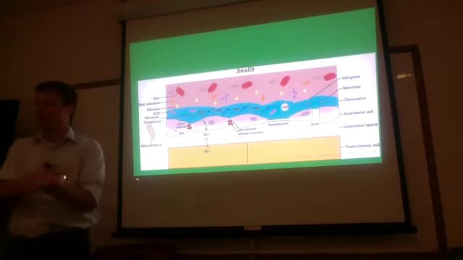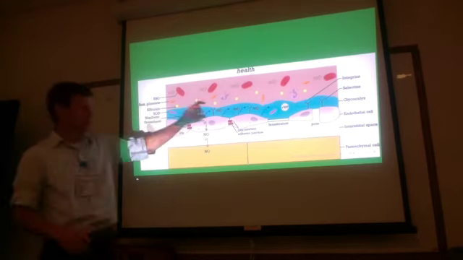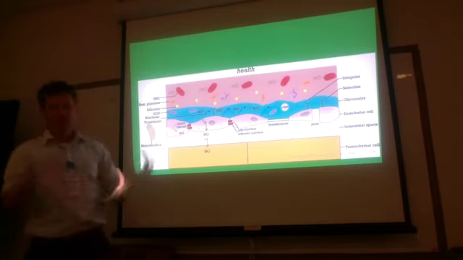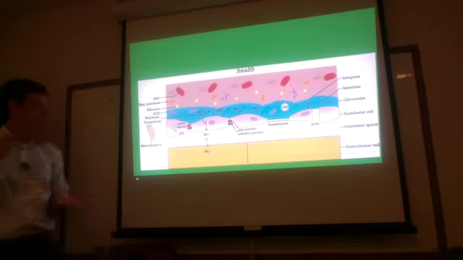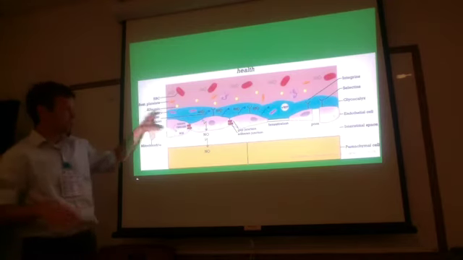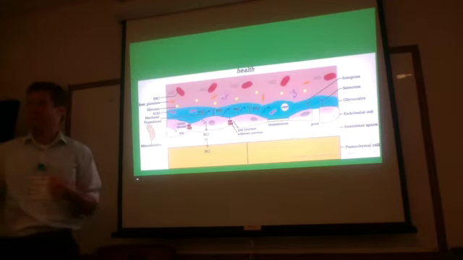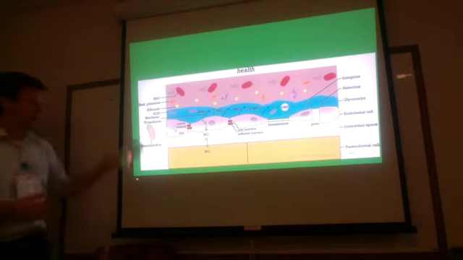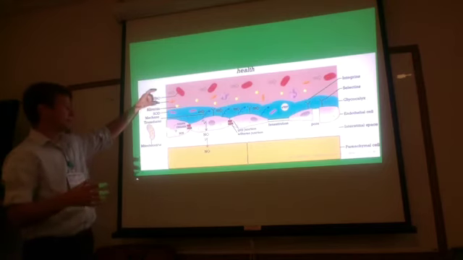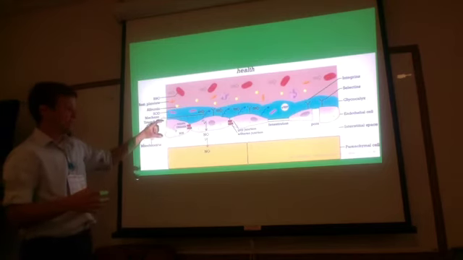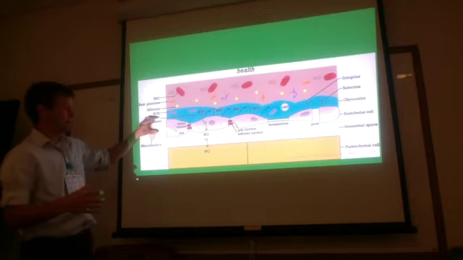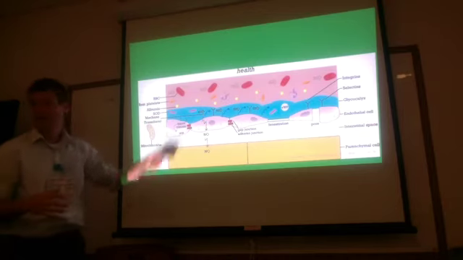Things want to stick to it. What this does is it's coating that area. It's keeping all the sticky molecules from being able to interact with the blood. This is full of heparin and other molecules to stop clotting, and so it protects the interface between the blood and the cells that line those blood vessel walls.